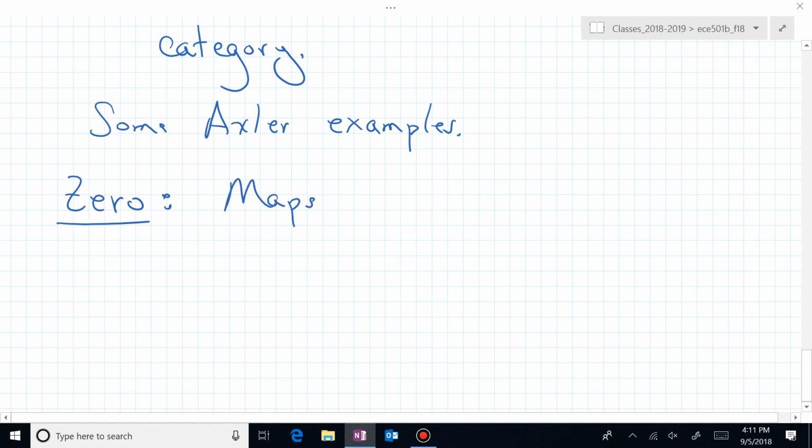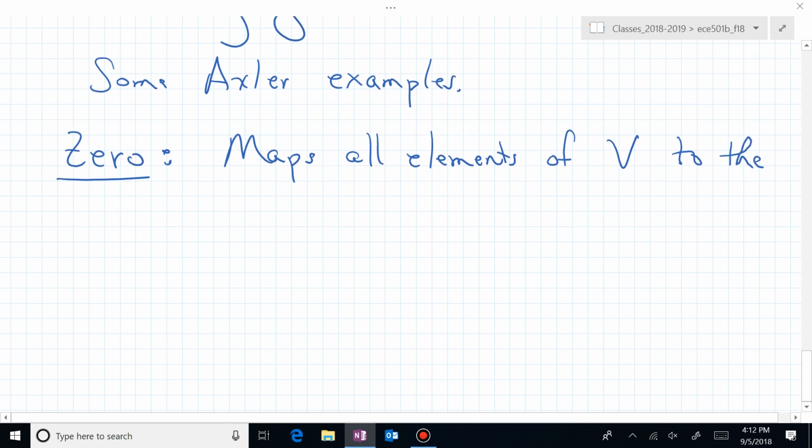This actually maps all elements of our vector space V. Where would you expect those to get mapped to? The zero vector of your output vector space.